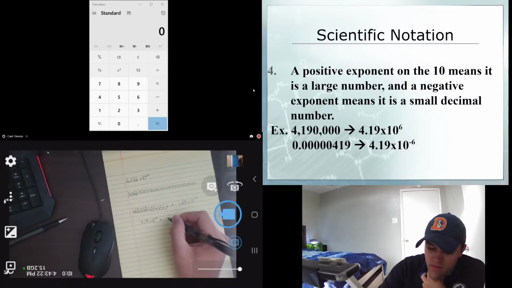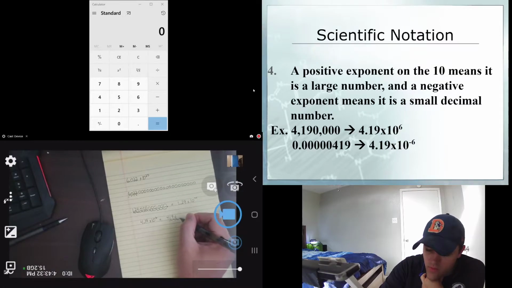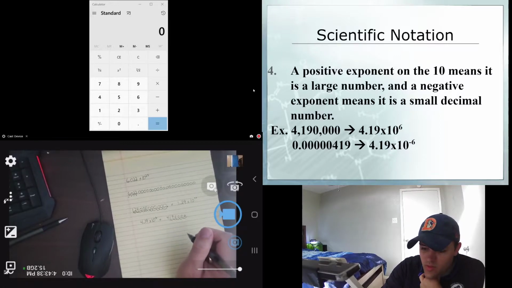So we can say 4, 1, 9, and the decimal point was originally here, so we go 1, 2, 3, we can put a 0 there, 4, 5, and 6. We end up with 4,190,000 with the decimal point here at the end.